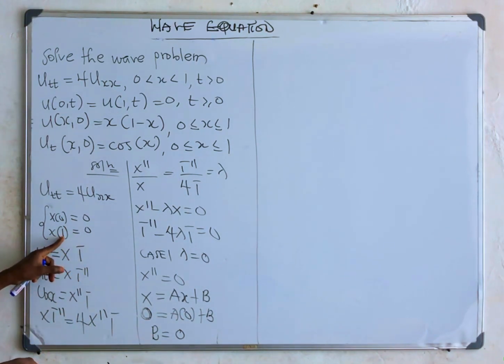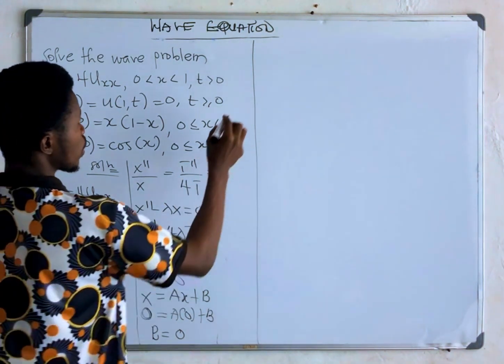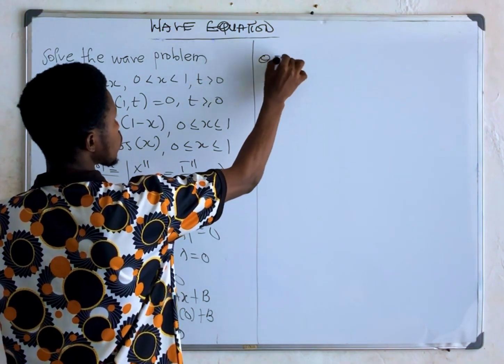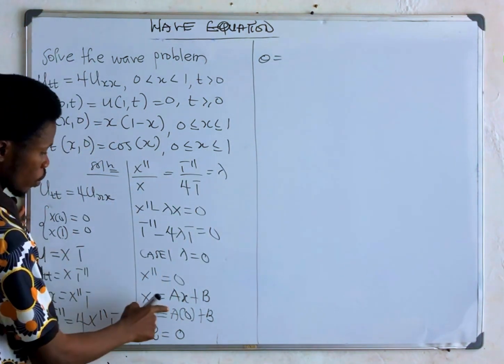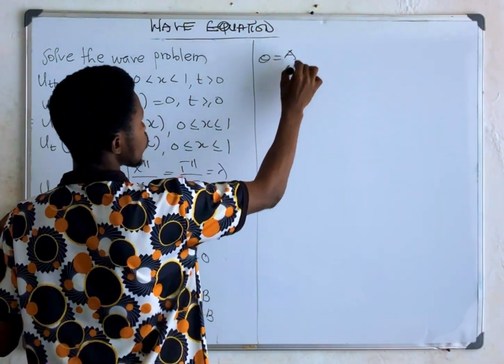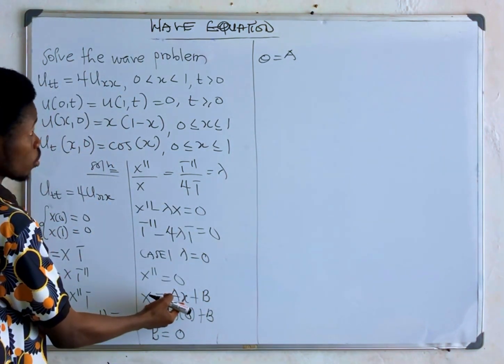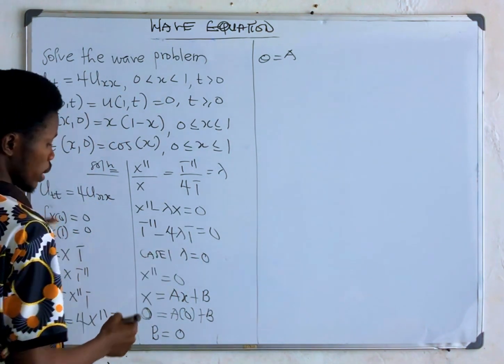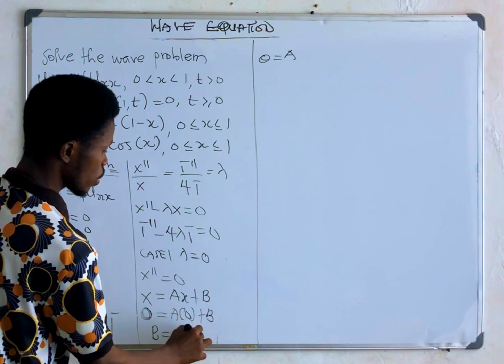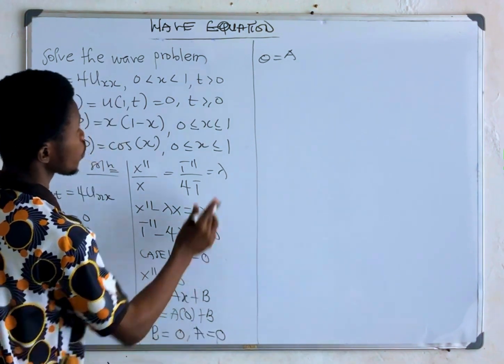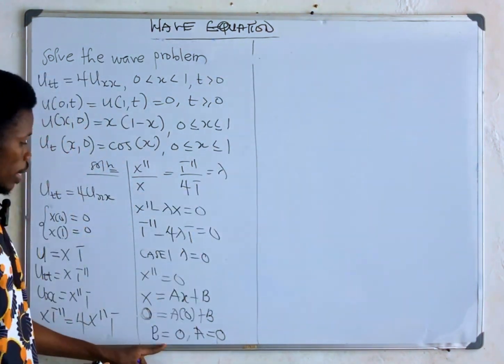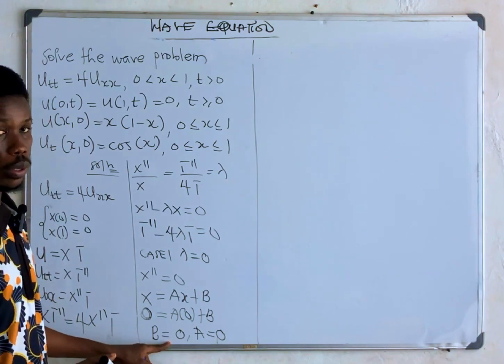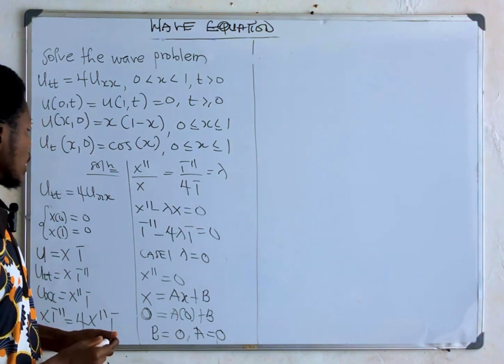If x is 1, capital X is 0. So I'm going to have 0 equals a times 1, which is a, because here it is 1. So a will be 0. Since a is 0 and b is 0, this gives us a trivial solution. So we move on to the next.